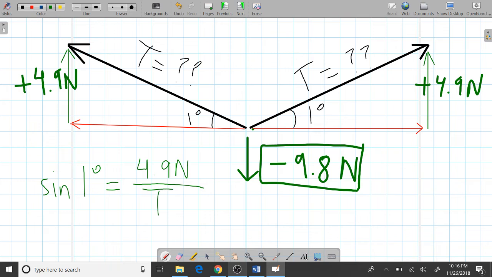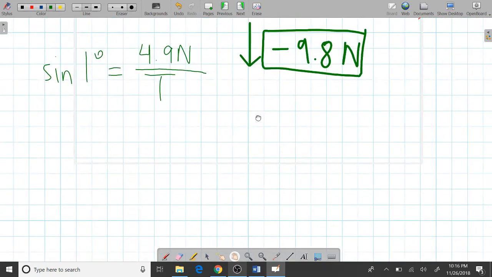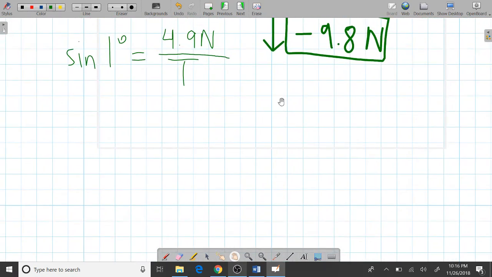Okay, so how can we solve for T? Well, that's easy. We need to get T by itself.